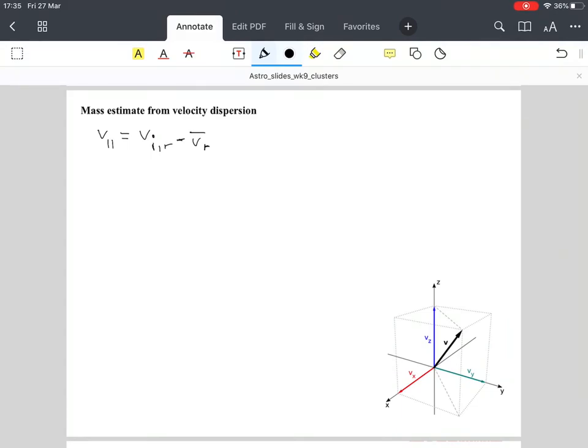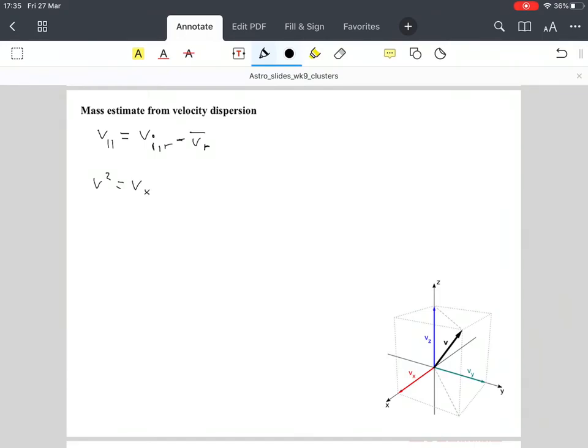Now, looking at the bottom right, we see a reminder that we live in three-dimensional space and that the velocity has x, y, and z components, and we're only talking about one direction. So if we line up, for example, the z direction with the Earth to the cluster, then that's only one of the three perpendicular directions. If we use Pythagorean's theorem, then we can relate how the components are related to each other.